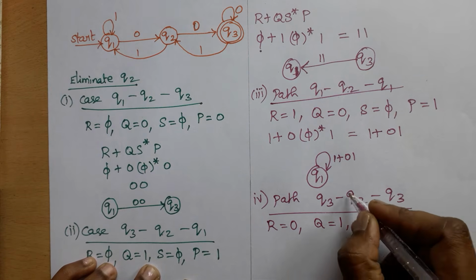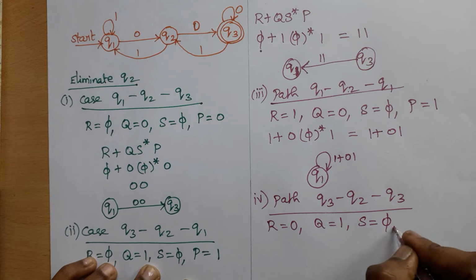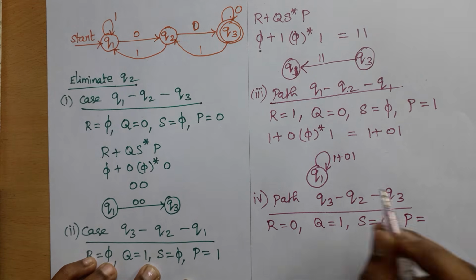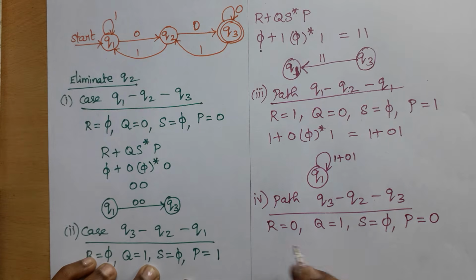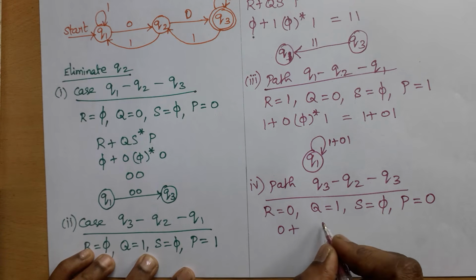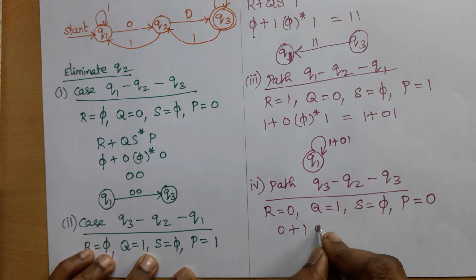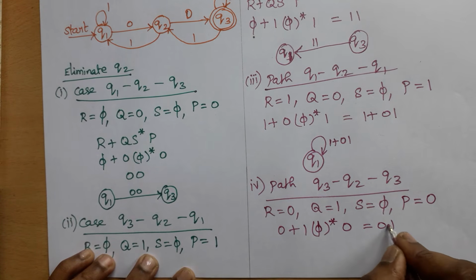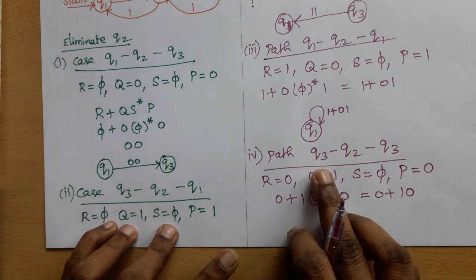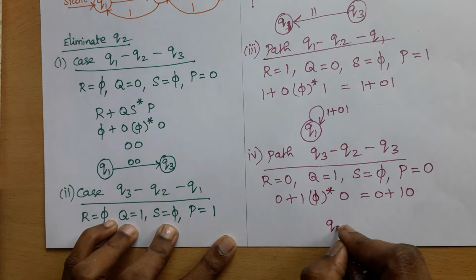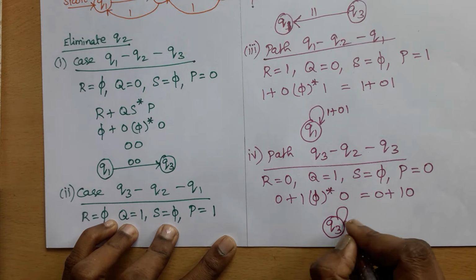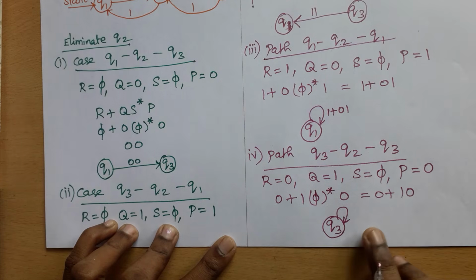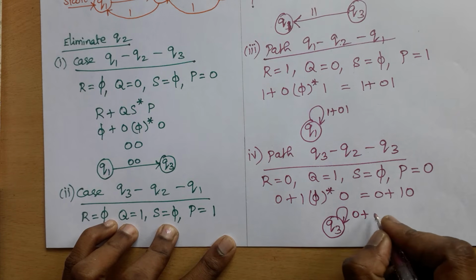Then S, Q2 to Q2, 5. Then P, Q2 to Q3, 0. So 0 plus Q S star P, 1 5 star 0, equals 0 plus 1 0. So we have to draw an edge from Q3 to Q3, and that edge should be labeled by 0 plus 1 0.